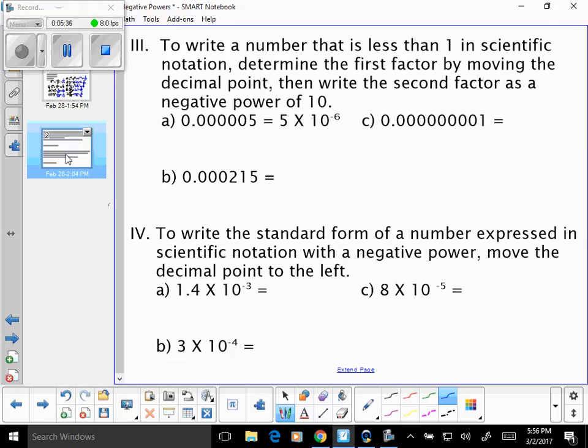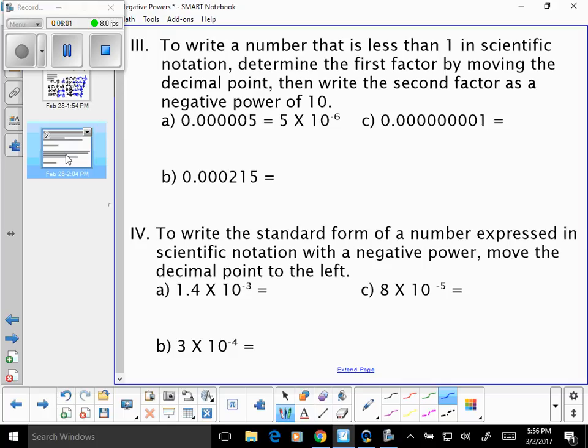Our third concept today is how to write a number that is less than 1 in scientific notation. Scientific notation doesn't change just because you start with a decimal. You are still going to have to figure out the first factor as a whole number, or a number that has only one digit to the left of the decimal point.